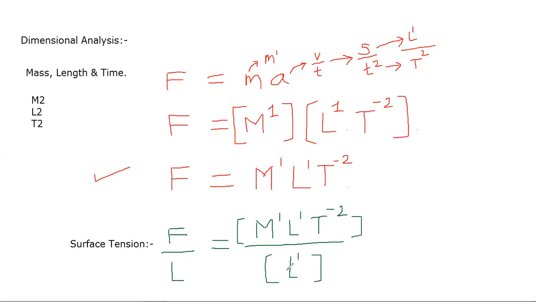L1 is in the denominator, and L1 is also present in the numerator. So this L1 will get cancelled, and finally you will get M1 L raised to power 0, because L gets cancelled, and T raised to power minus 2. So now this is the basic dimension for your surface tension.